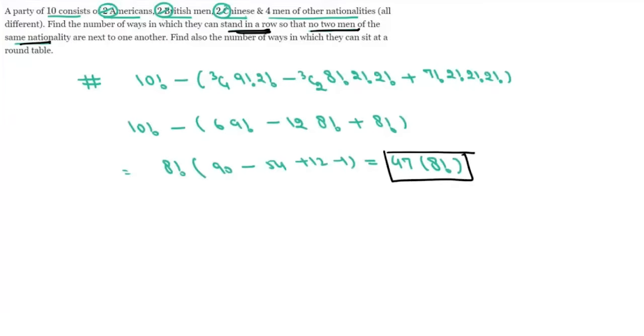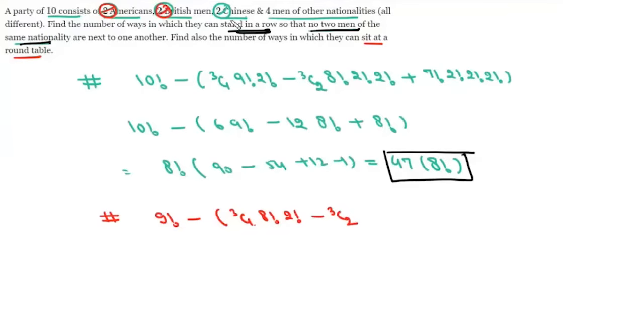Now we have to find the number of ways in which they can sit at a round table. At a round table, the total number of ways in which they can be arranged is factorial 9, and then minus. Now suppose two Americans are together, so it could be either 2 Americans, 2 British or 2 Chinese. So it will be 3C1, and if they are together, we have 9 objects which can be arranged in factorial 8 ways, and then it will be factorial 2, minus 3C2, and suppose there are 2 Americans and 2 British now.